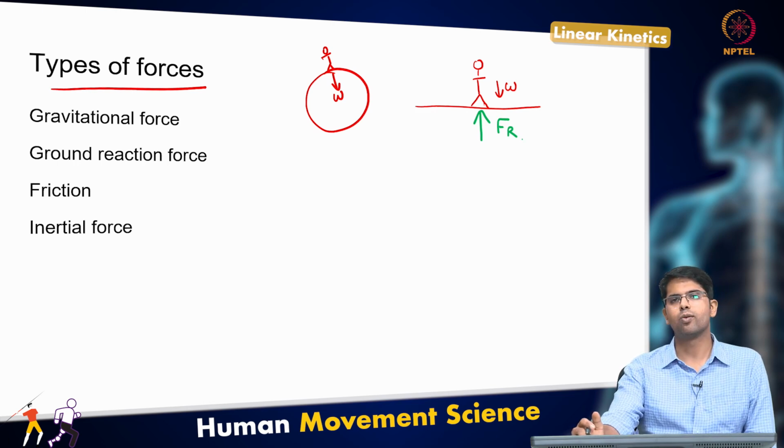Which means they would be equal and opposite. So the net force that is acting on this person would be 0. So from Newton's first law, we can say that this person will continue to stay in a state of rest.